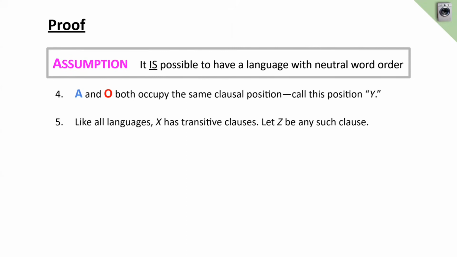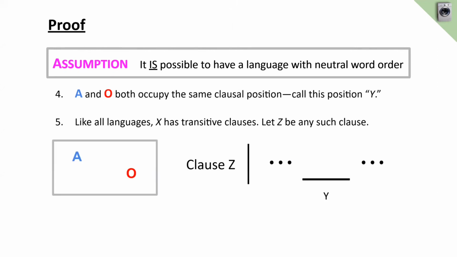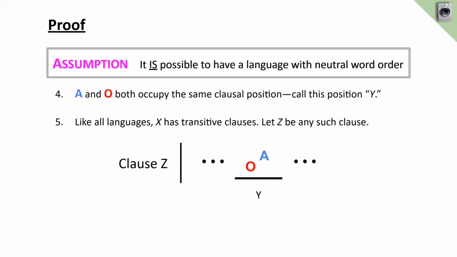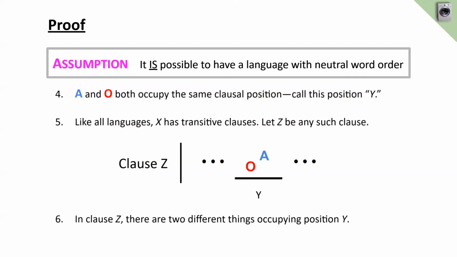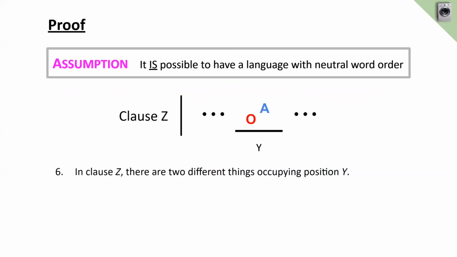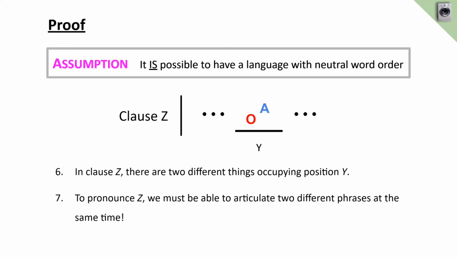Like all languages, language X has transitive clauses. Let Z be any transitive clause of language X. According to statement 4, the A argument of Z must occupy position Y. However, statement 4 also tells us that the O argument of Z occupies position Y. Thus, in clause Z, we have two different phrases occupying position Y. But because clause Z has two different phrases occupying a single position, to pronounce Z, we would need to be capable of articulating two different phrases at the same time.